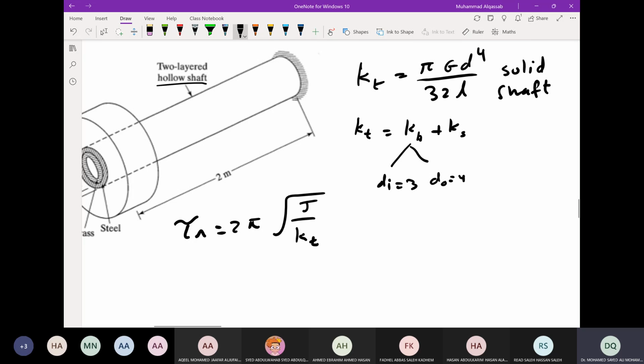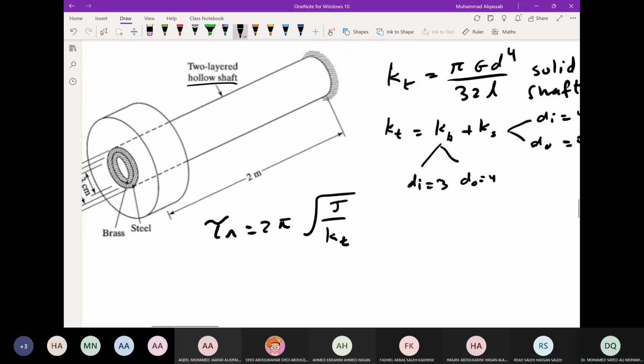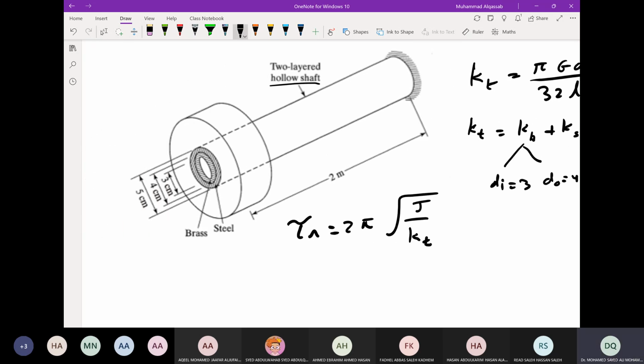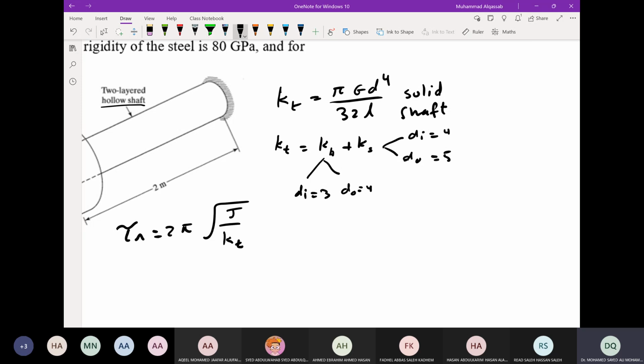Okay, and for the steel, we have D inner is 4 and D outer is 5. So the outer diameter for the brass is the inner diameter for the steel. So that's it. You have, instead of D to power 4, between parentheses D outer to power 4 minus D inner to power 4. And they have the same L, that L equal to 2 meter.